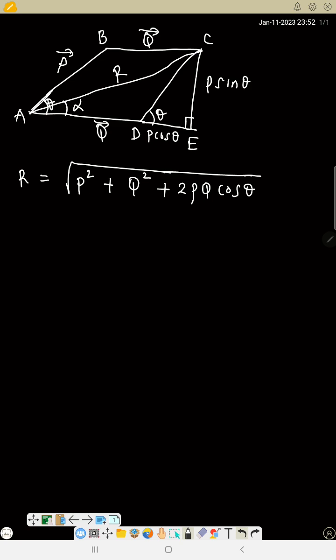Remember, alpha is the angle which the resultant makes with the horizontal. Now to find the angle which the resultant makes with the horizontal, alpha, we are going to use SOHCAHTOA, tan alpha. So let me trace our triangle like this. So that means tan alpha is equal to opposite, that is p sine theta, divided by adjacent, q plus p cos theta.